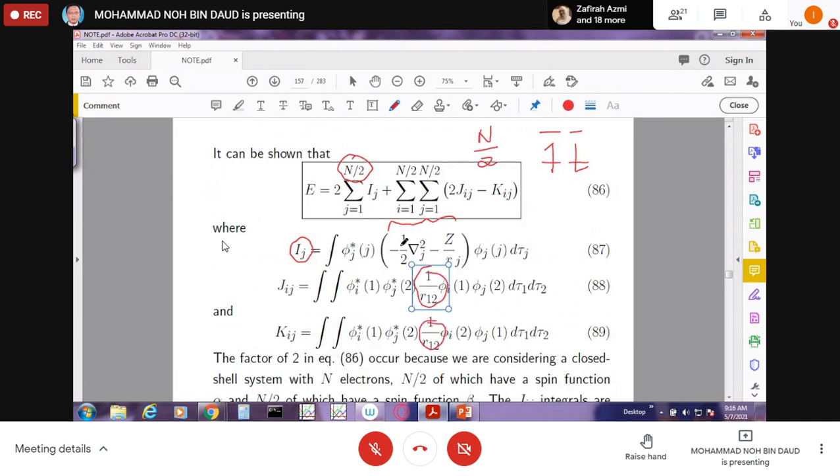So this is the hydrogen-like energy. If you have two electrons, of course you have the Laplacian operator here, with j being 1 and 2. So for helium you have I1 and I2.